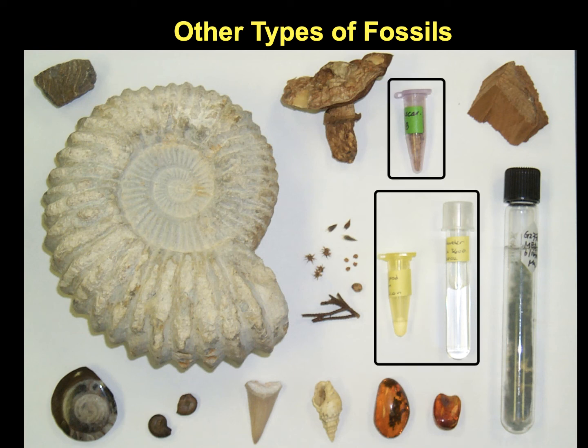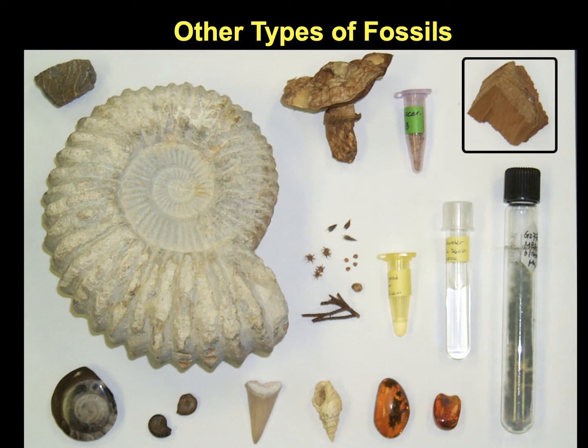And these tubes on the right, there's some tissue in one of them, and the others are liquid. Those are either dried specimens that have been collected, or it's actually DNA that's been extracted from ancient materials. The thing on the upper right is a piece of cedar wood from King Midas's tomb.